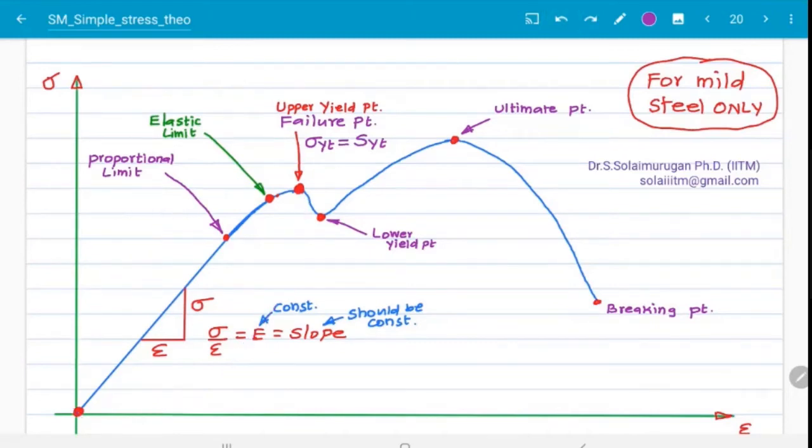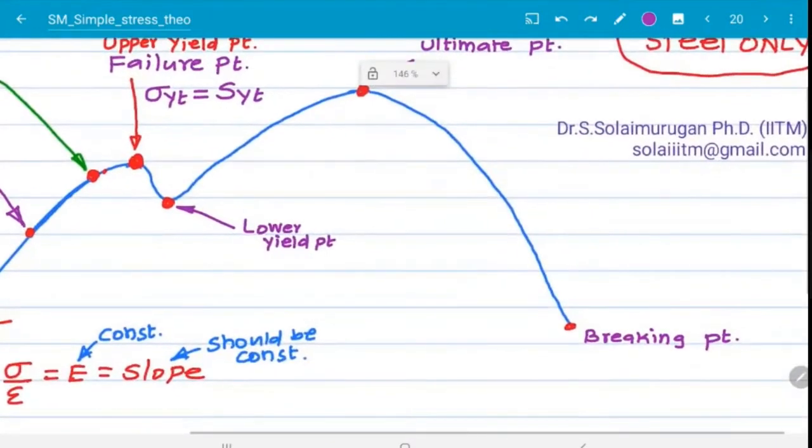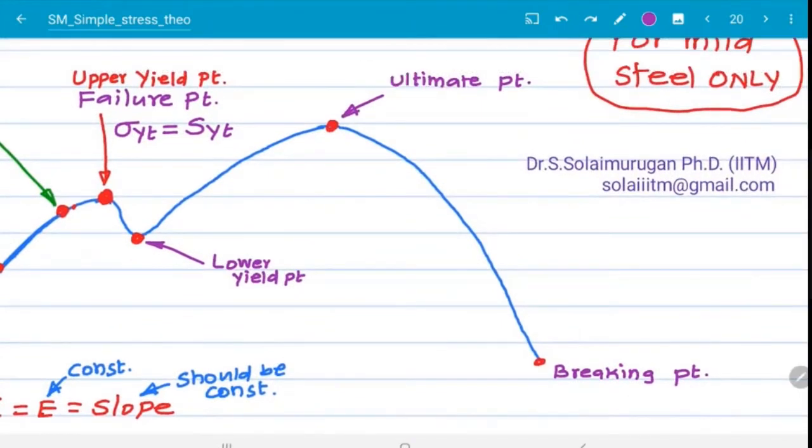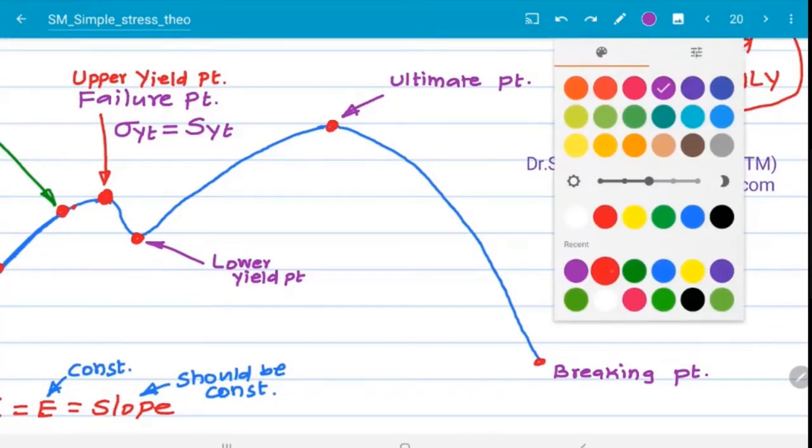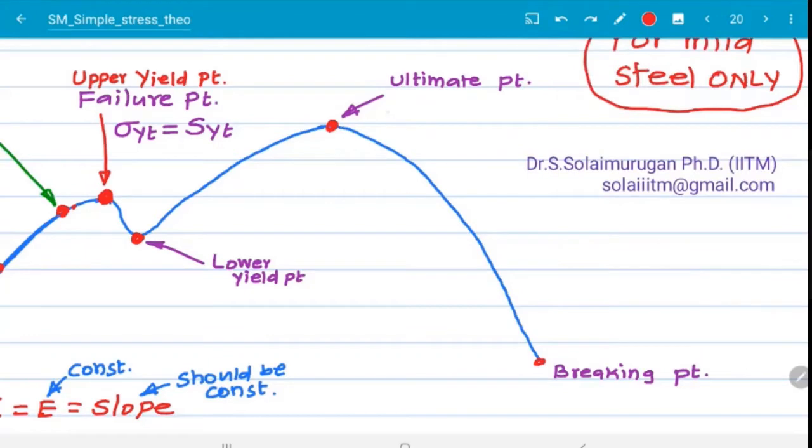The maximum stress level, loading level, is the ultimate point. After the ultimate point, necking is started.